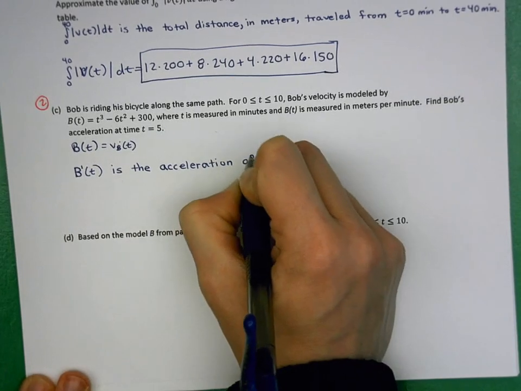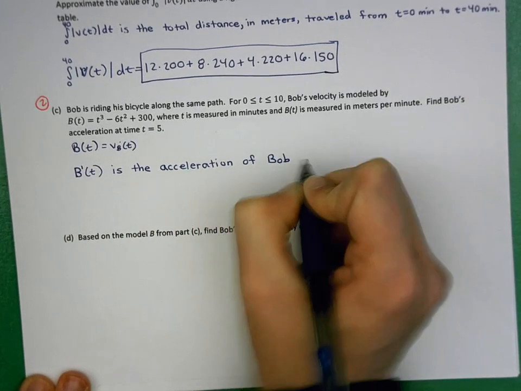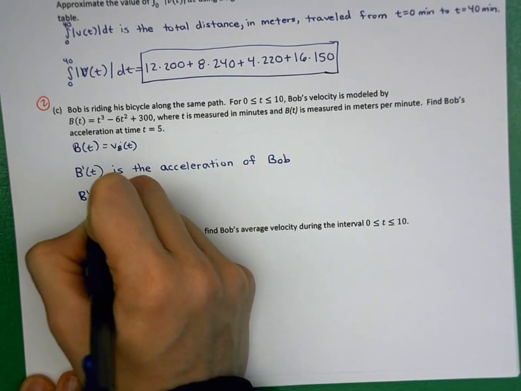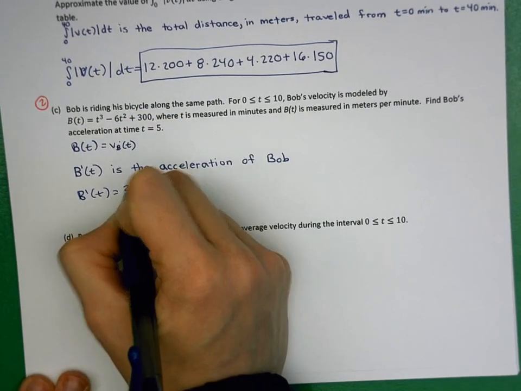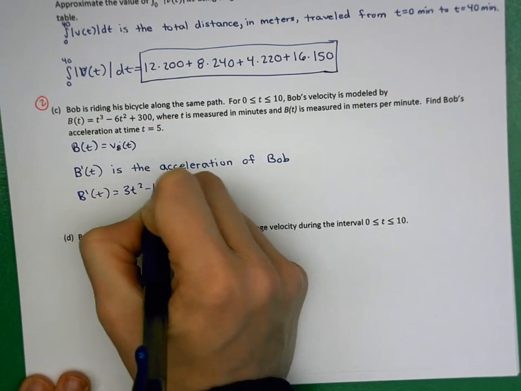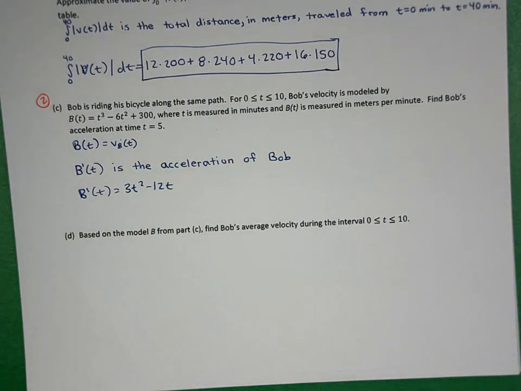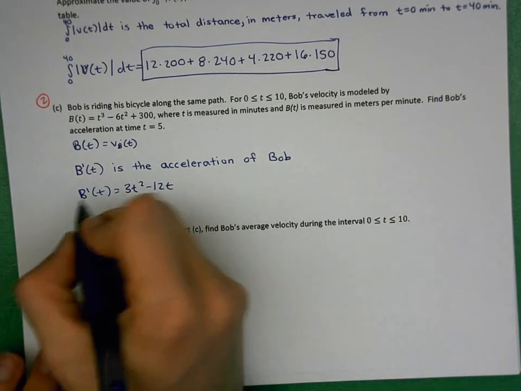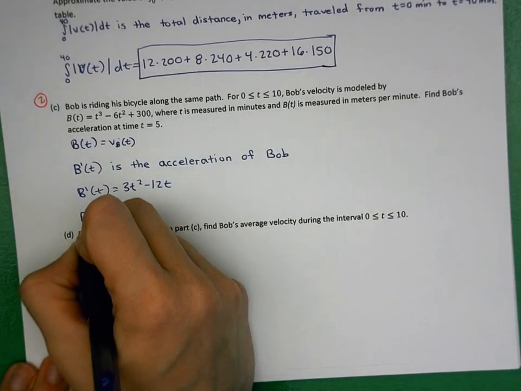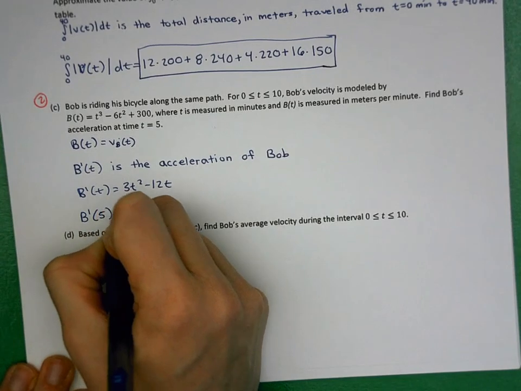And so b prime of t would be 3t squared minus 12t and then plus 0. So your first point comes from using b prime of t, recognizing that b prime of t is what's necessary within the context of this problem. And then the second point comes from your answer, which is at t equals 5. What is Bob's acceleration? And so plugging 5 in.